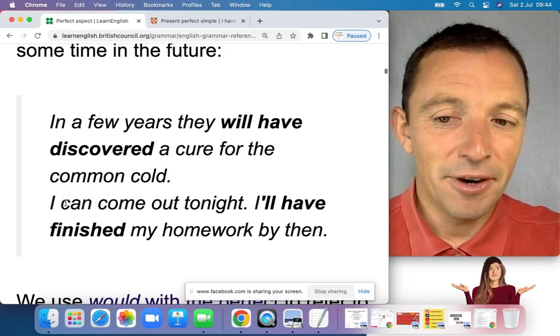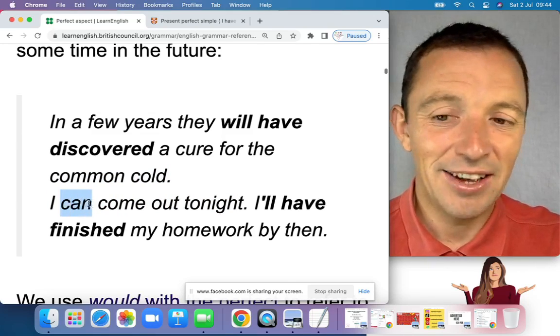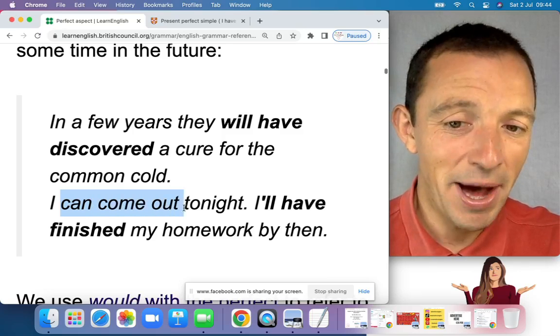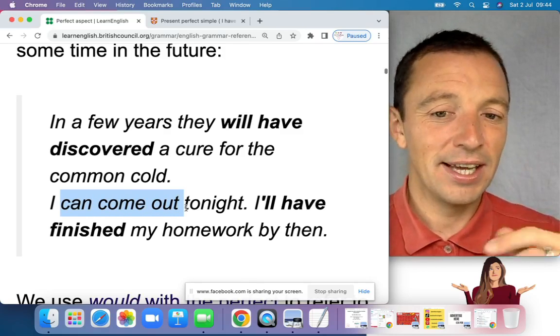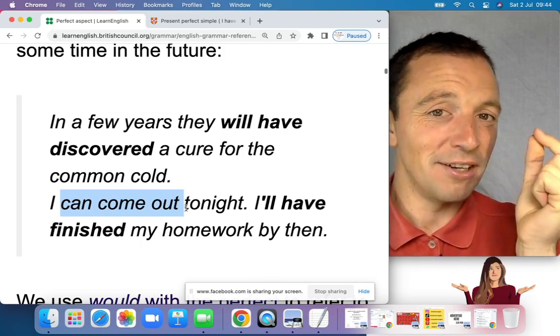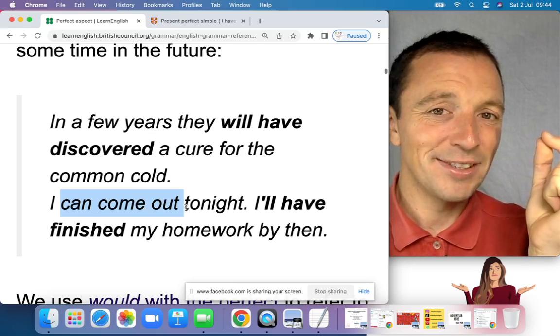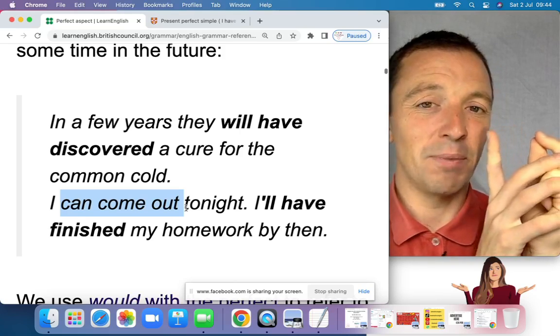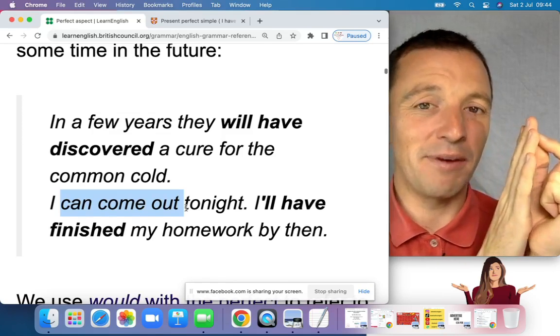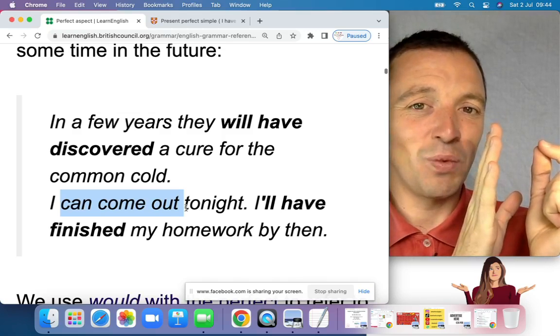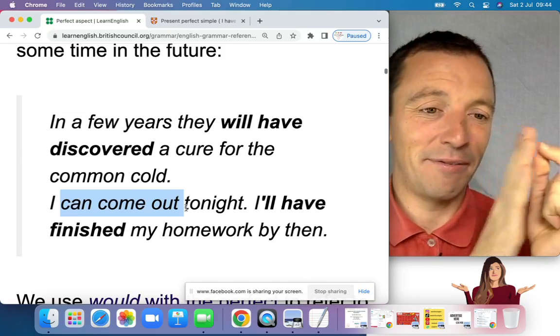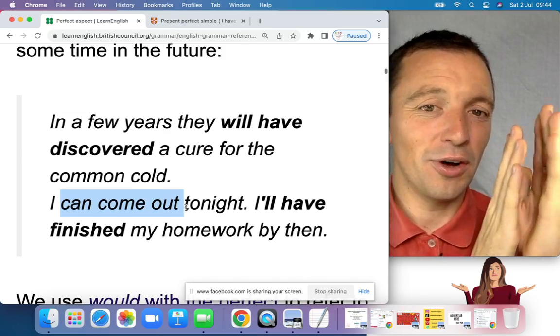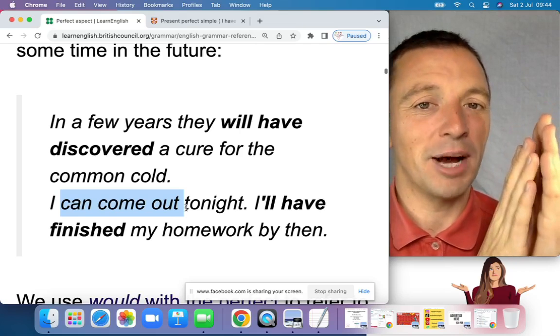Modal can for ability and permission. I have the ability, I can come out tonight, I can go to the party. So that's the one moment in the future, because I will have finished my homework. In the period before that, I will have completed, I will have finished my homework until that moment, before that moment.